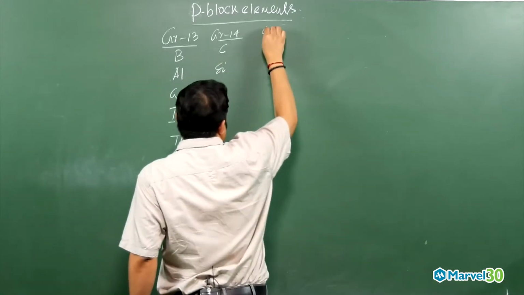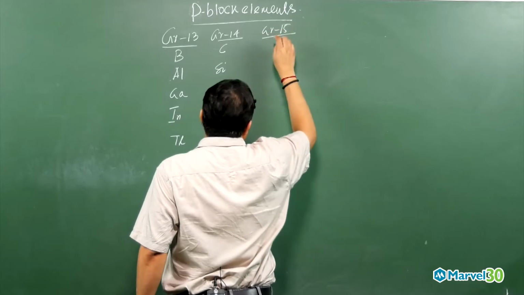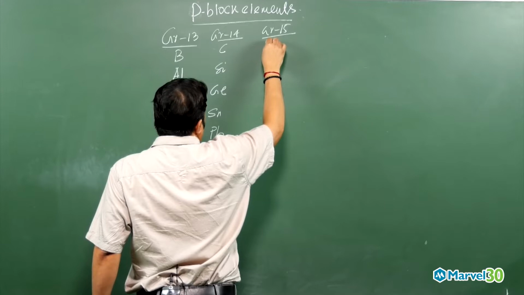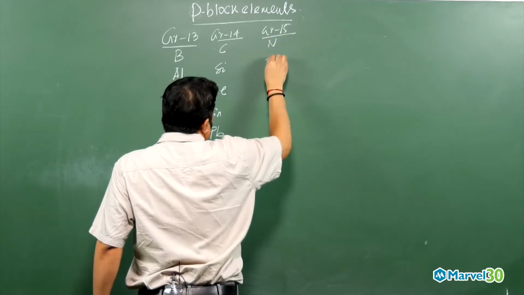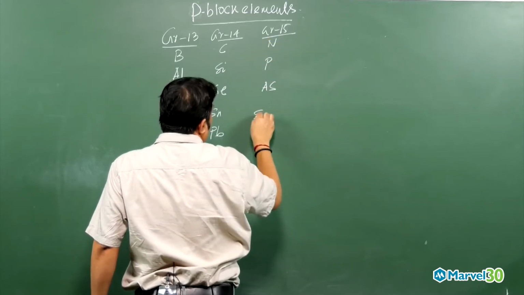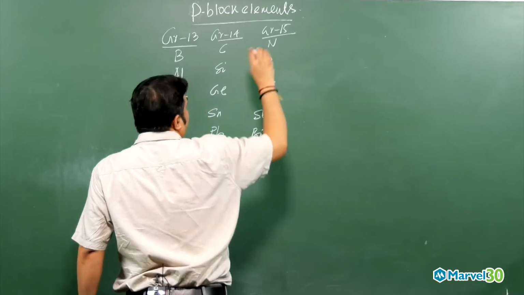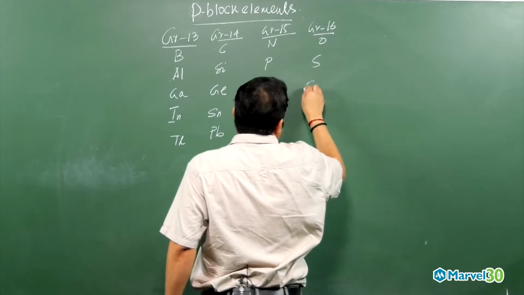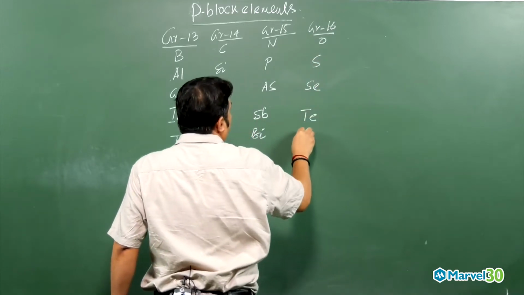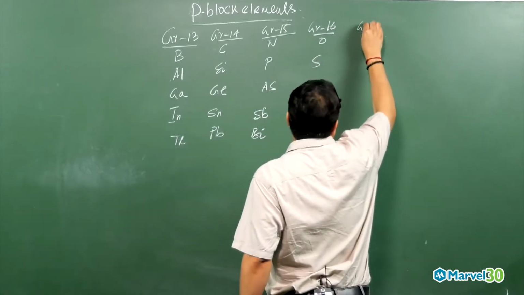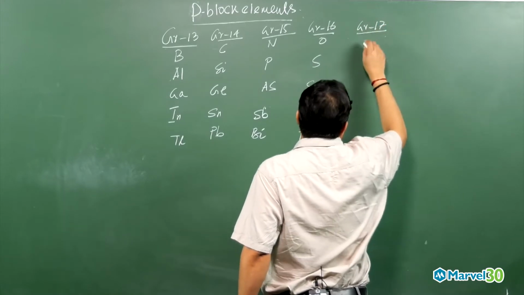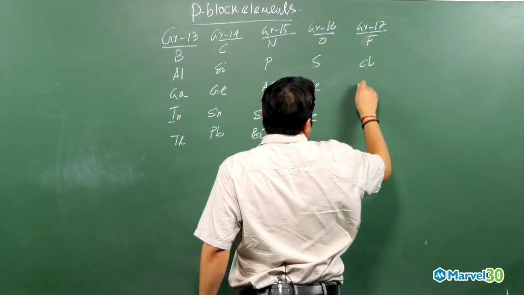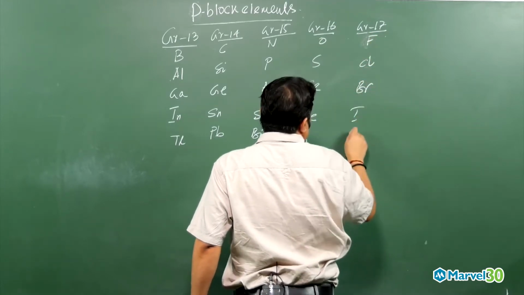And group 15 elements, which also appear in the second portion, but here as p-block elements I am writing nitrogen, phosphorus, arsenic, antimony, bismuth. Group 16 elements are oxygen, sulfur, selenium, tellurium, polonium. Group 17 elements are fluorine, chlorine, bromine, iodine, astatine.